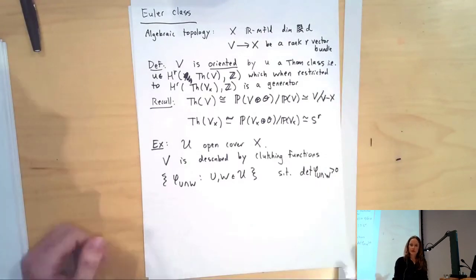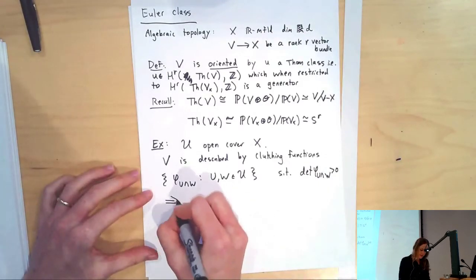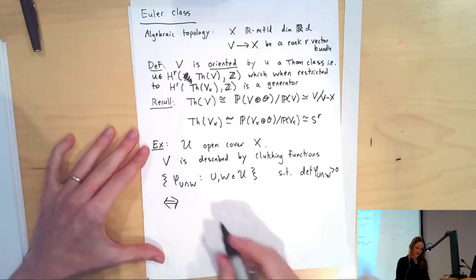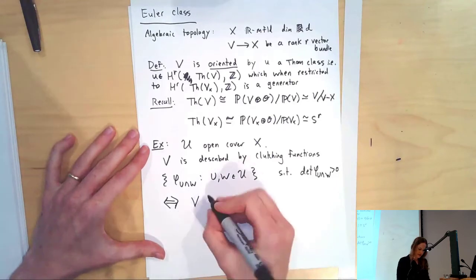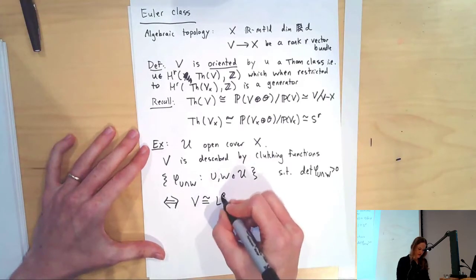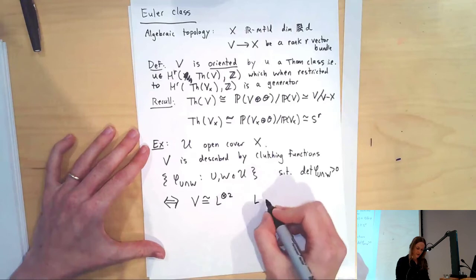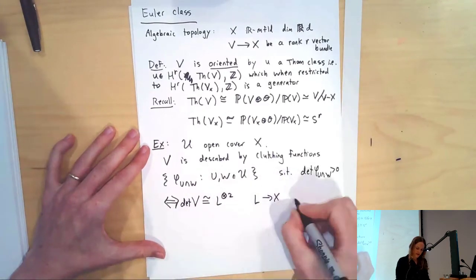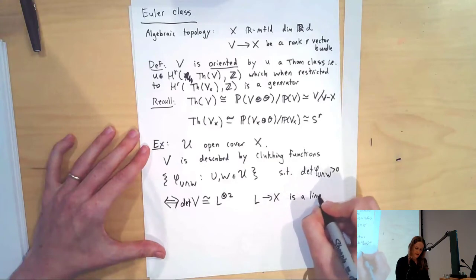If it's greater than 0, we can take a square root, and if we take the positive square root, the cocycle condition is still satisfied. So this is if and only if V is isomorphic to the tensor square of some line bundle L over X.